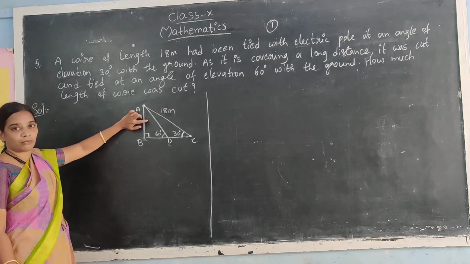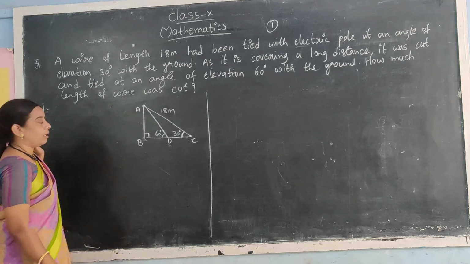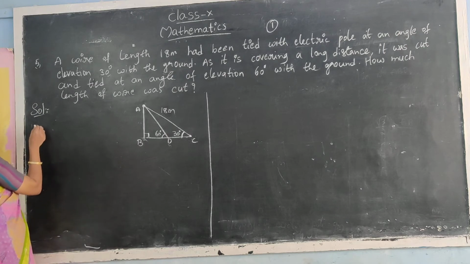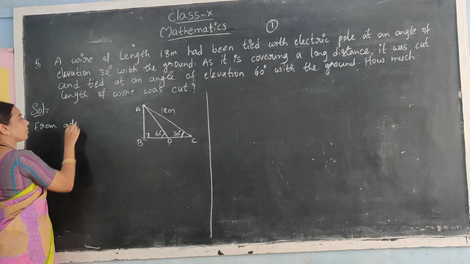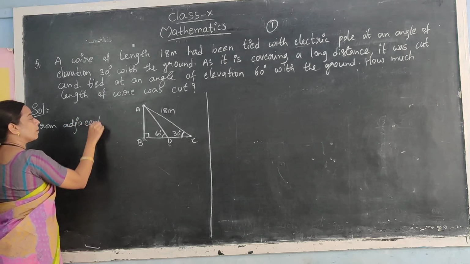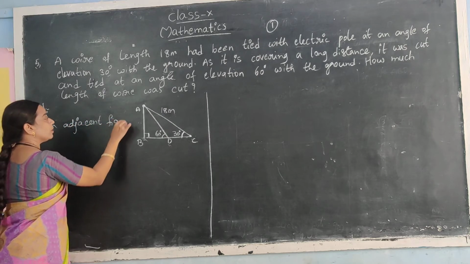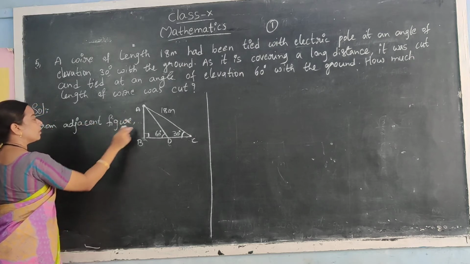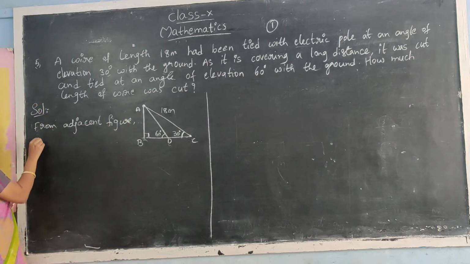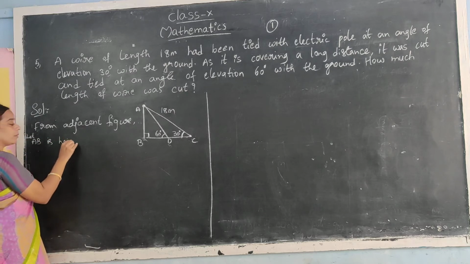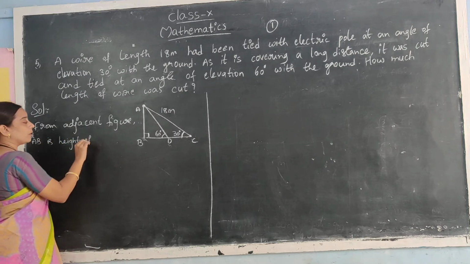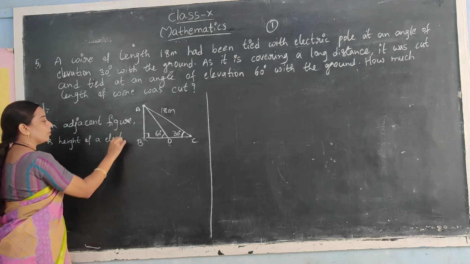Now related to this figure, just write the points. From the figure, let AB be the height of the electric pole.